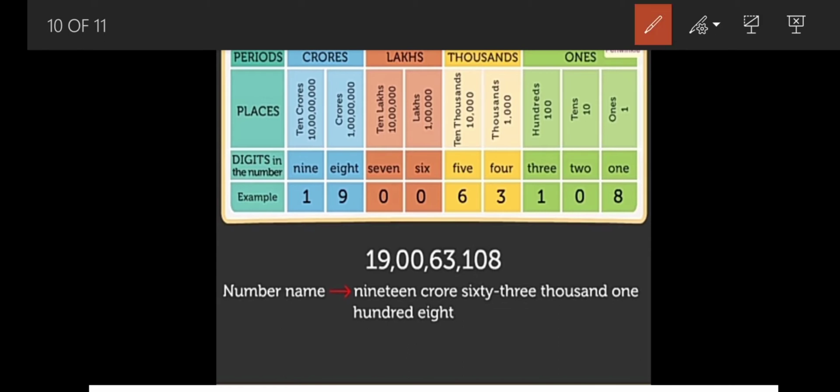Next, how will we put commas? As you know, we put a comma from the right, then 1, 2, 3. After the ones period, there are 3 digits and we put the first comma, and then after every 2 digits. Now the thousand period 1, 2, and then we put a comma. Next 1, 2, and we put a comma.